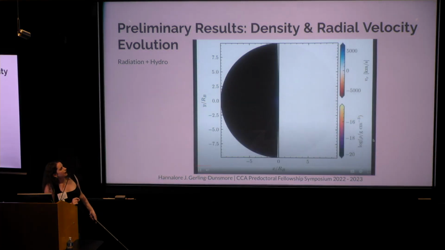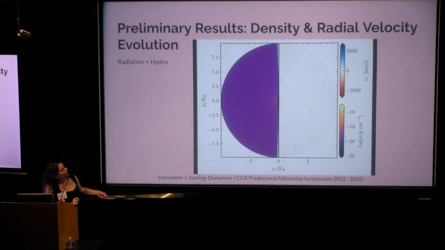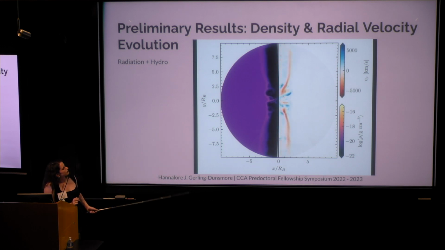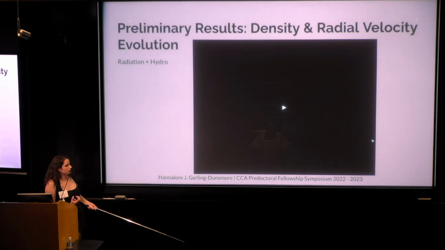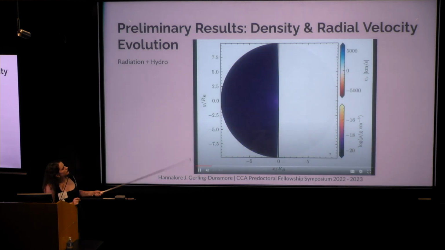The first thing you'll see is that the magnitude of our radial velocity is 5,000 kilometers per second. That is covering the entire United States in 1 second. And so the color bar is actually really apt. This is the speed of supernova ejecta.